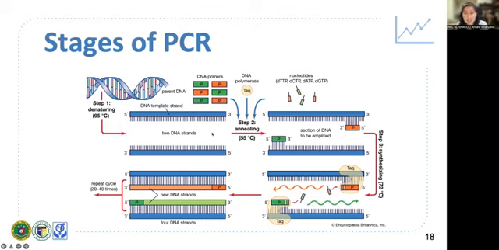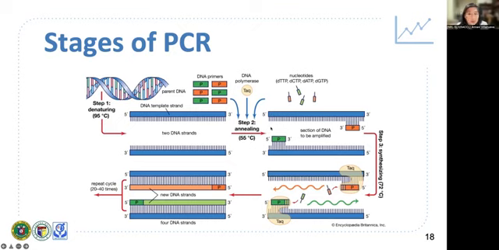And then this step is followed by your annealing. And annealing, usually it's between 55 to 60 to 65 degrees Celsius, depending on the design of your primers. So like what I told you a while ago, primers are synthesized and are specifically designed to target the region of the DNA that you're interested to amplify and to detect.